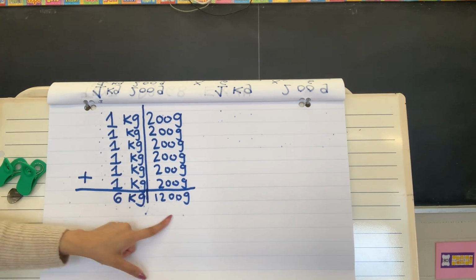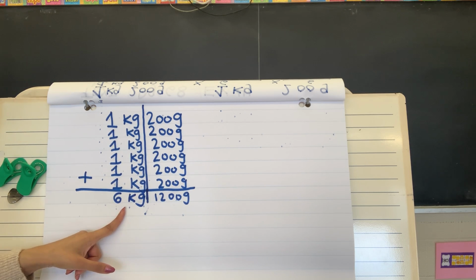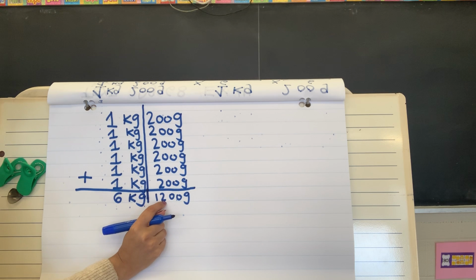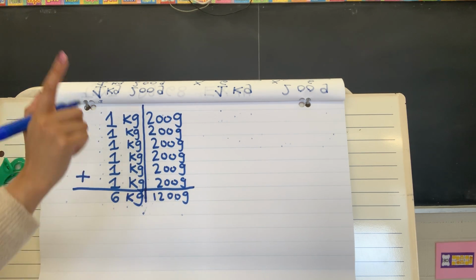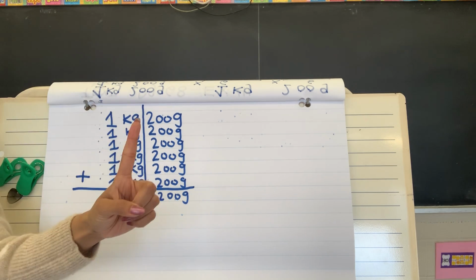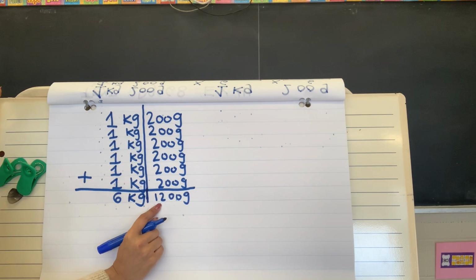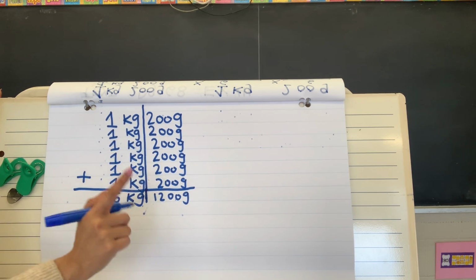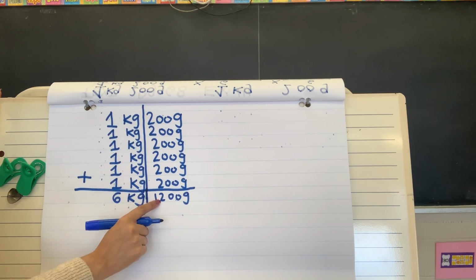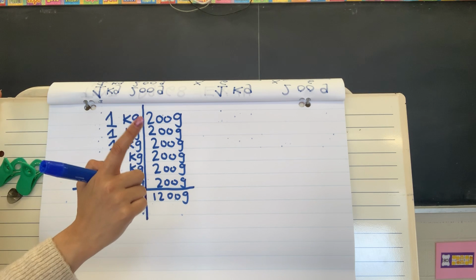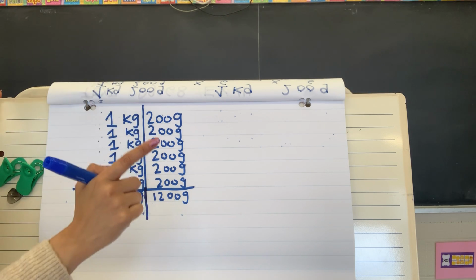Now, this is not my final answer because I need to bring 1000 out, so 1000 grams equals 1 kilogram. And here, that means if this is saying I have 1200 grams, which means I have 1 kg here, 1 more kg here, because 1 kg equals 1000 grams.